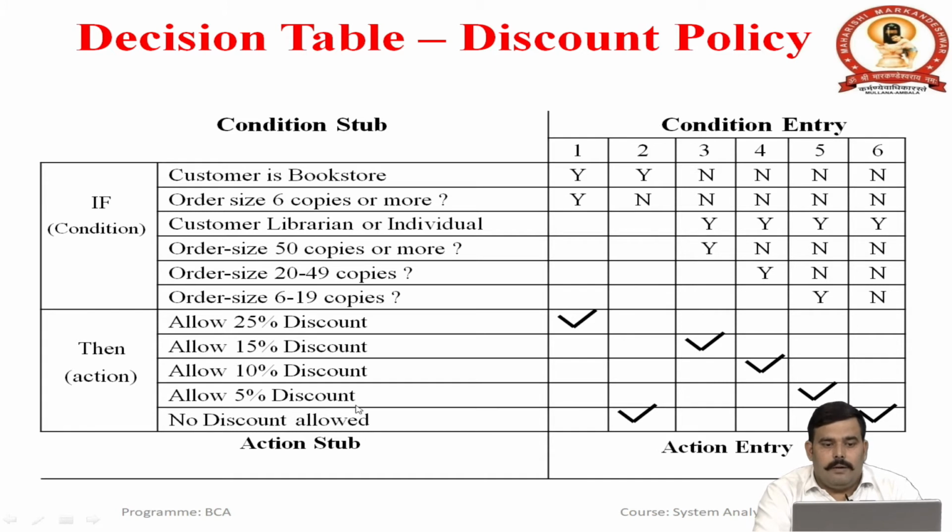The stub part is divided into condition stub and action stub, and the entry part has the condition entry as the upper quadrant and the action entry as the lower quadrant.